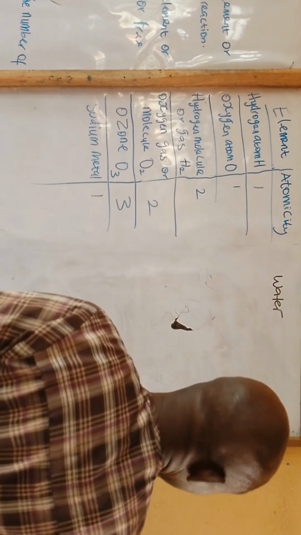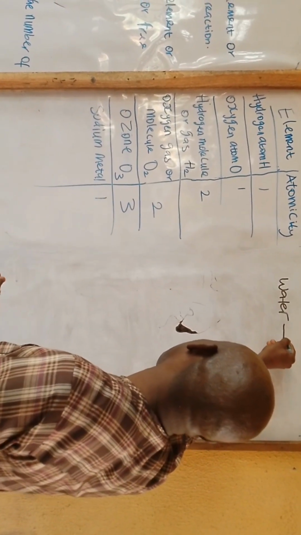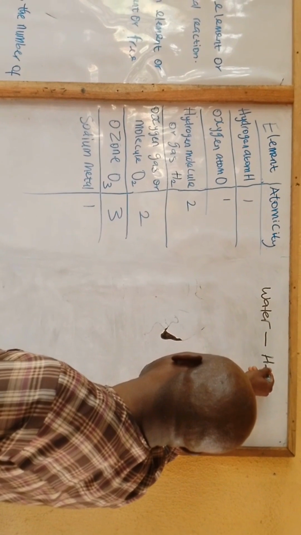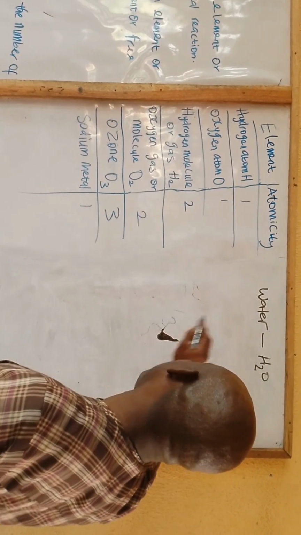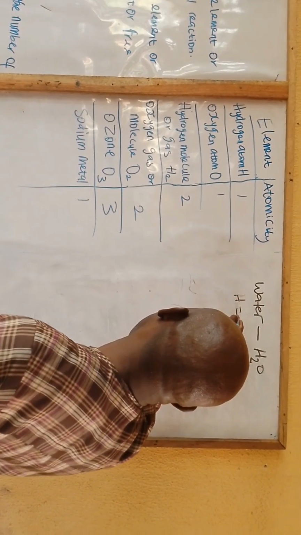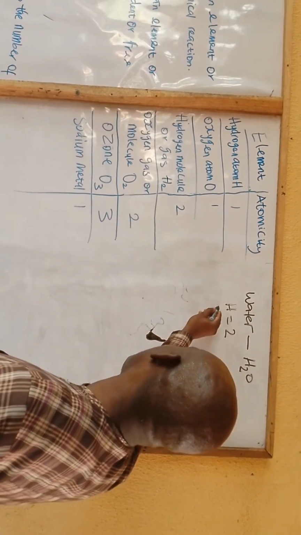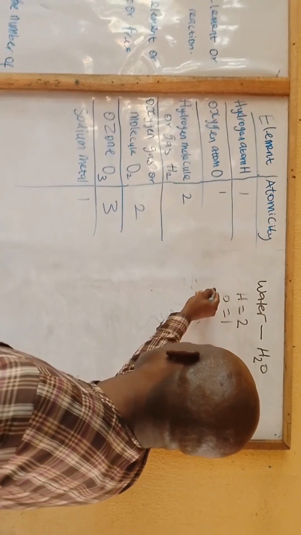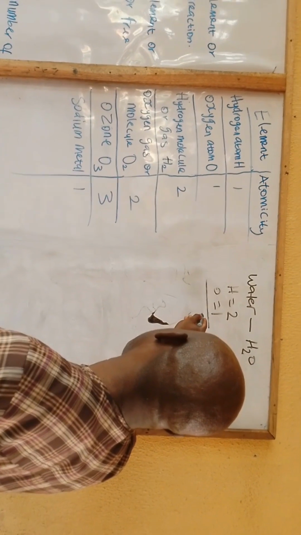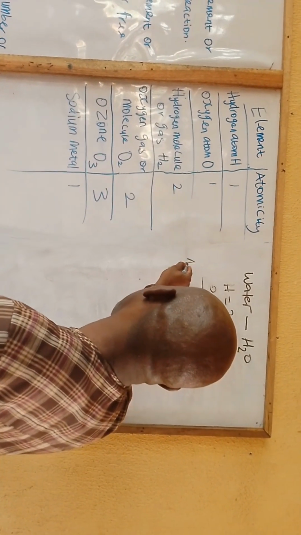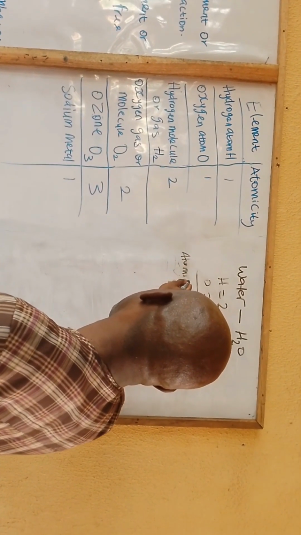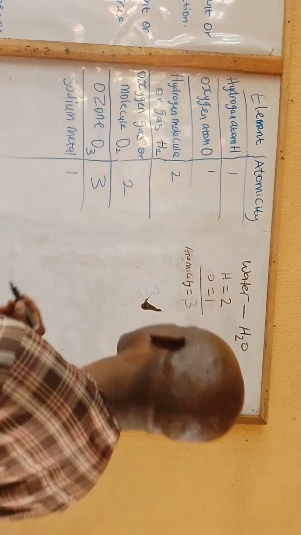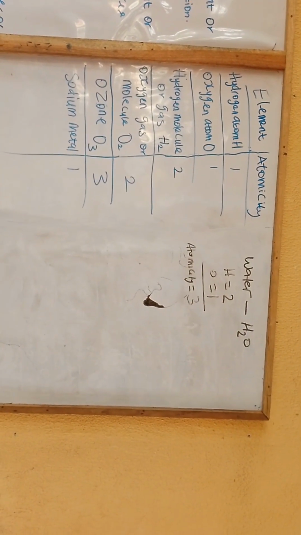From our previous experience, we know that the formula of water is H2O. So what number of atoms do you have here? Hydrogen, we have 2 atoms. Oxygen, we have 1. So the total number of atoms is 3. Therefore, the atomicity of water is 3.